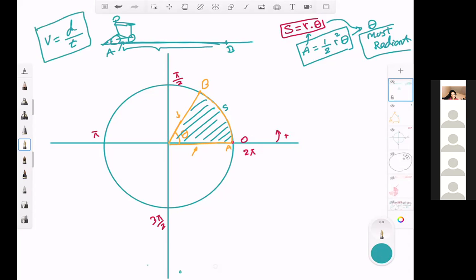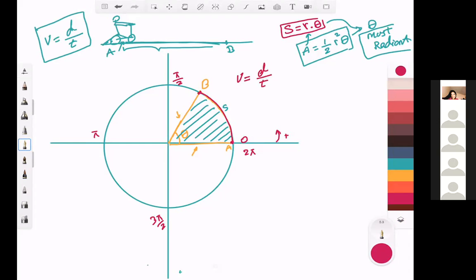Now, if the person is on this curve, what is the speed? The formula is the same. Speed will be distance divided by time. The distance from A to B, because we are on the curve, is the same as S, because S is a distance too. Agree?